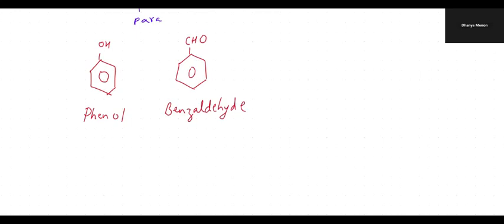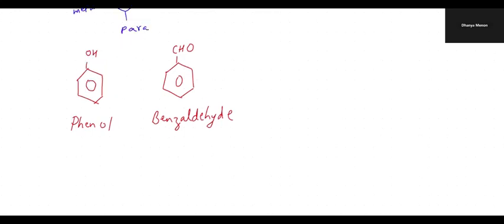Similarly, there can be an alternative name for this, because here the carbon, this is a terminal functional group which was discussed in the previous videos, where the functional group has a carbon atom and it can be the end of the chain. It can come at the end of the chain and it cannot be numbered. And here the carbon of the functional group is directly connected to the ring.